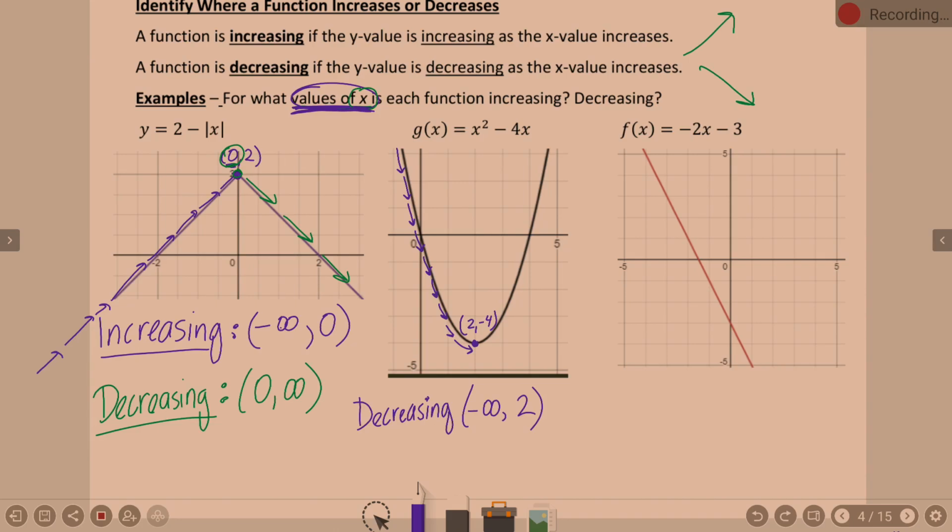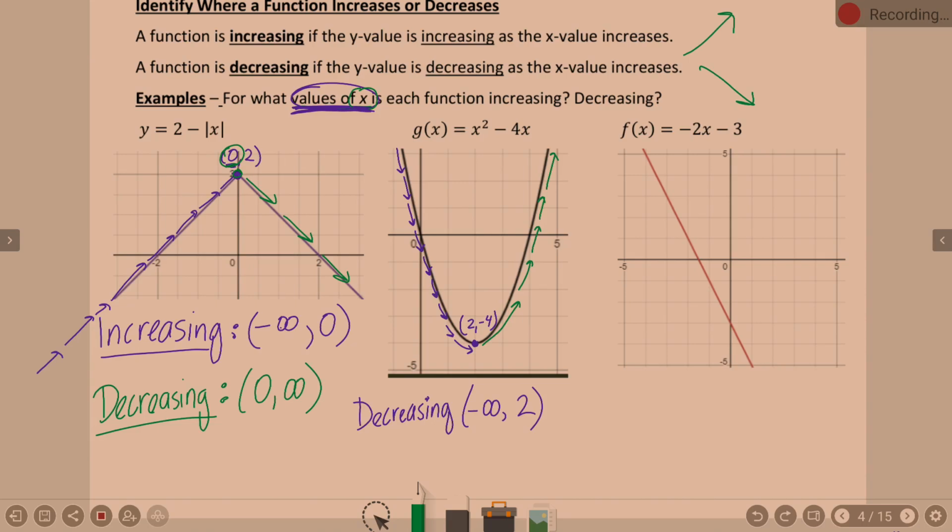Now, what happens when we leave this minimum value? We're going to be increasing, aren't we? Okay, so we're going to now be increasing. As we increase, where did we start increasing? 2. Yeah, we just stopped decreasing at 2, negative 4. In other words, the x value 2.